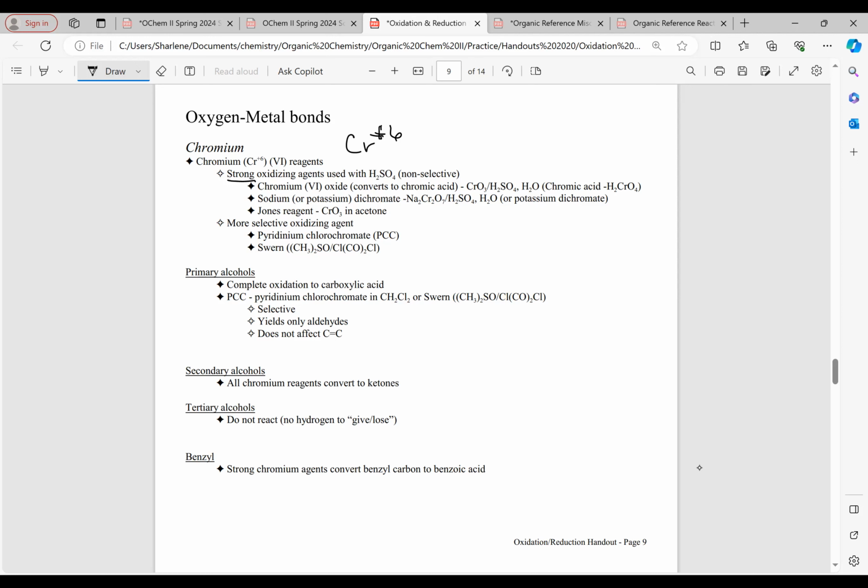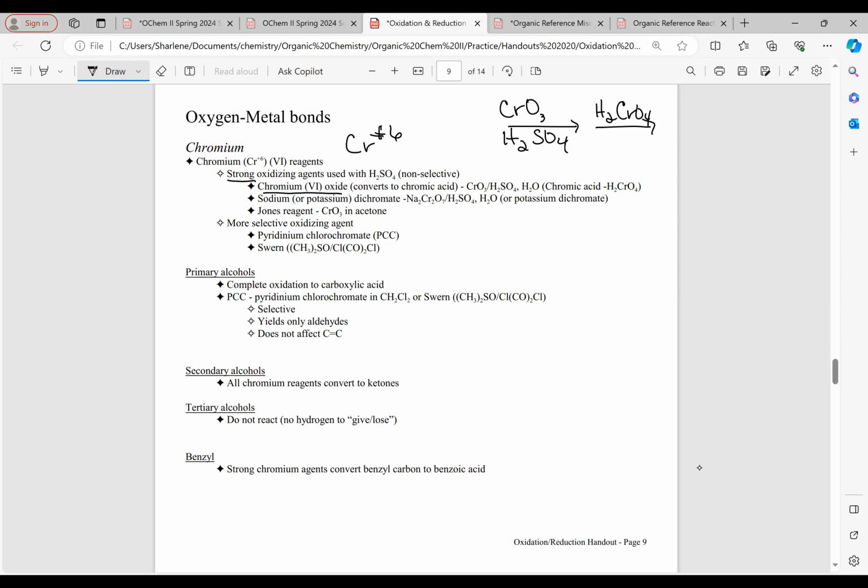We're going to see them pretty much in three ways. The first way is just chromic acid, and that is right here. If you ever see CrO3 in H2SO4, that is the same thing as H2CrO4. So basically you are creating chromic acid, which is exceptionally strong.